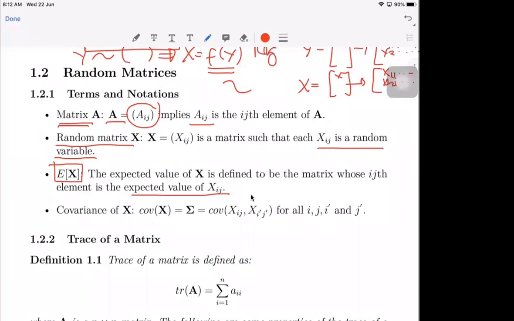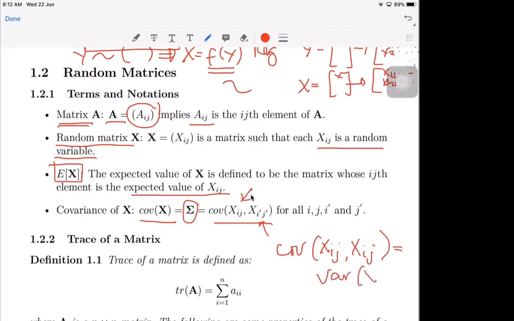Covariance can be denoted by this symbol or simply the capital sigma. And it is actually a measure of relationship between the random variable Xij and the other random components in your matrix, the Xi'j'. So when we are talking about the covariance of Xi and Xi, this is equivalent to the variance of X.